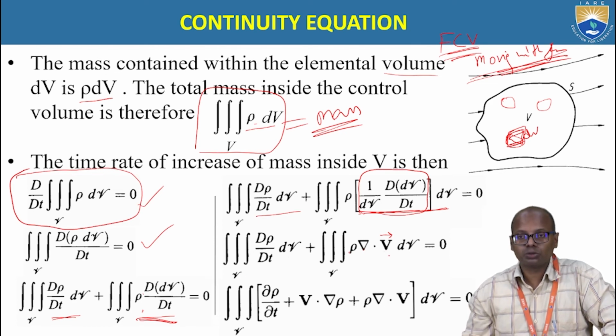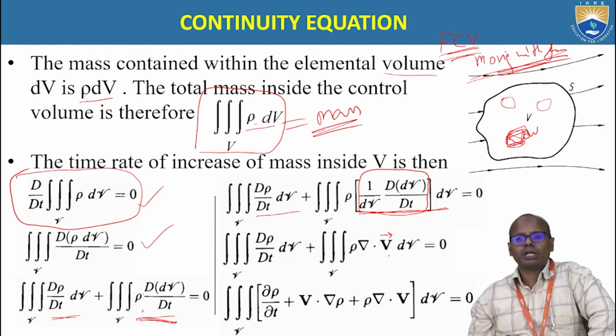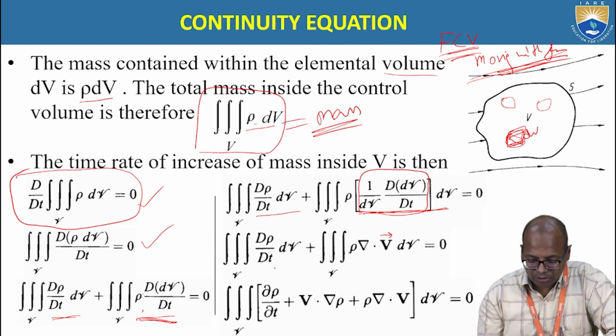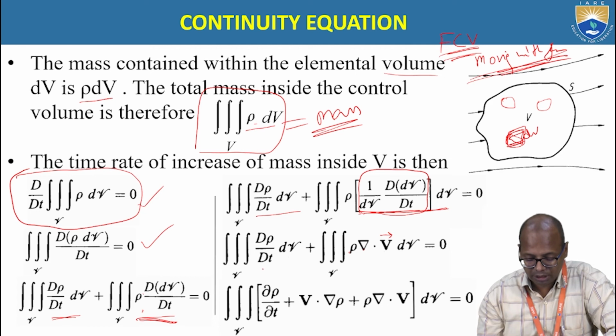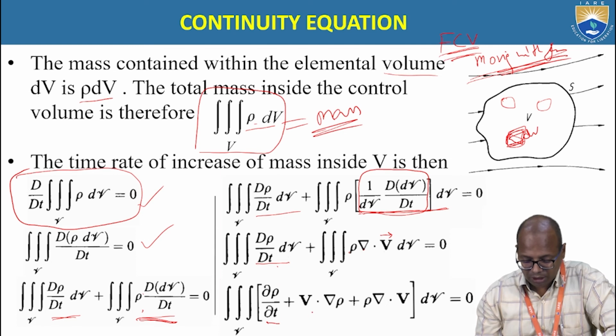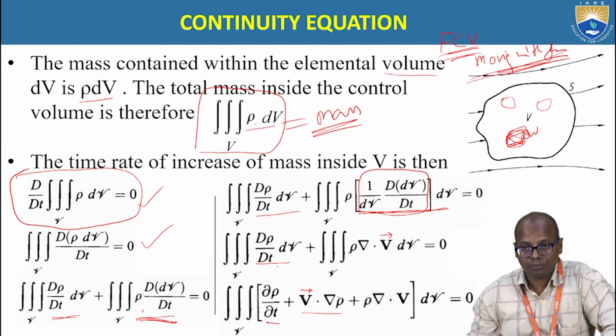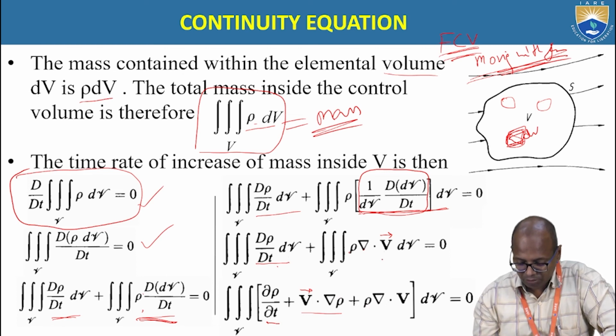These two terms are there. As we did in the previous derivation, this d rho by dt can be split into dou rho by dou t plus v bar dot del rho, and we also have rho del dot v bar.